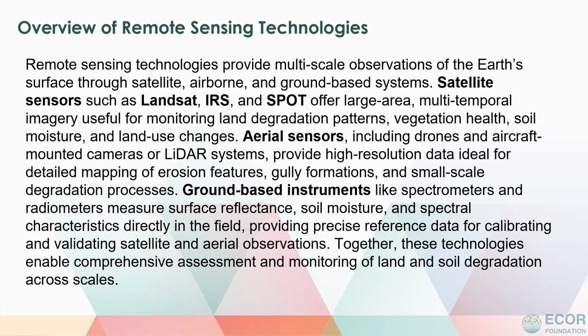Aerial platforms, which include drones and aircraft, are efficient for fine details and perfect for mapping gullies, erosion patches, field scale soil variability, etc. Ground instrumentation like radiometers and spectrometers provides point level precision and acts as a calibration reference for satellite data. All these combined give us a complete, holistic picture of land and soil properties from local to national scales.